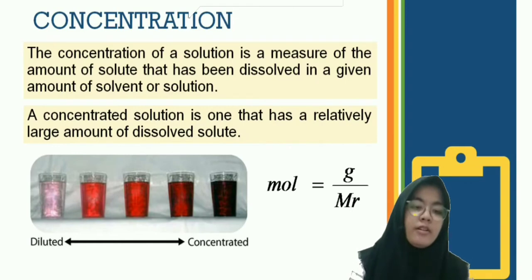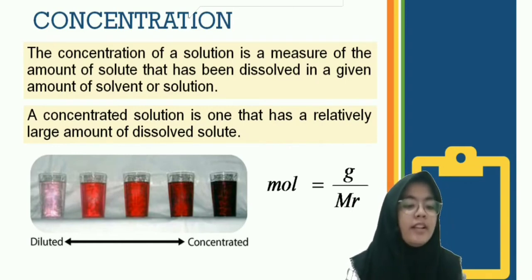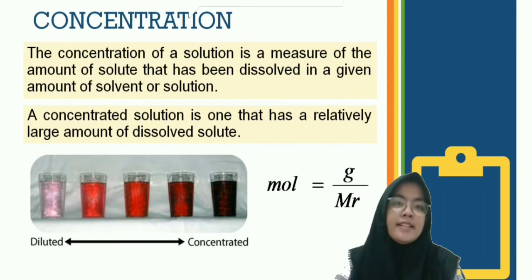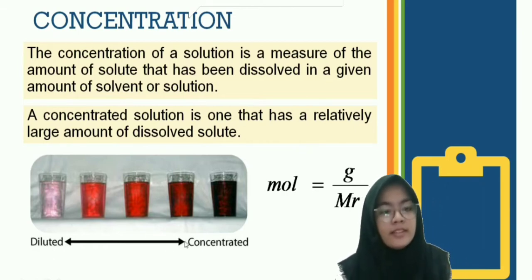A concentrated solution is one that has a relatively large amount of dissolved solute. We can see in the picture, the clearer the color, the more dilute it is compared to the dark one.